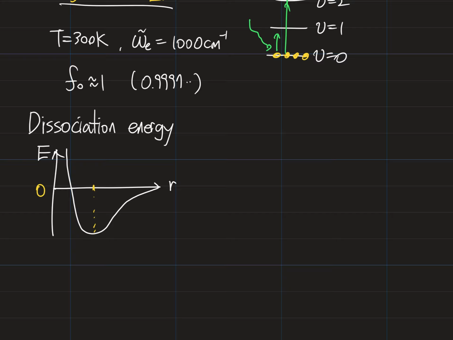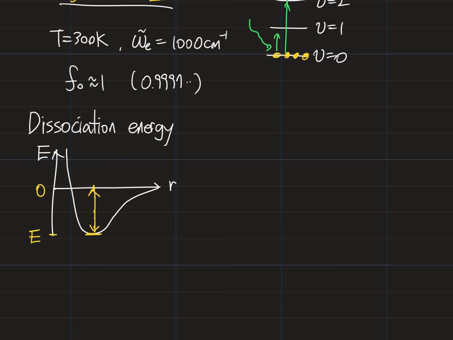So if you want to say how much energy we need to break this molecule into two atoms, we can just say that this should correspond to the negative of the minimum energy, right? This is the minimum energy.